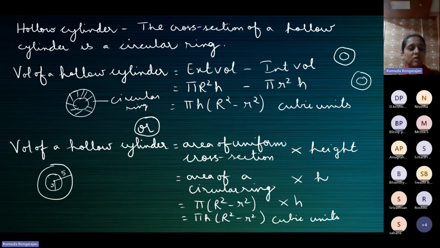So now it's empty in the middle here. If you have many pieces and you place them one over the other, the solid you get will be a hollow cylinder. So the inner radius is 3, the outer radius is 5. And the height can be whatever, say height is equal to 6.